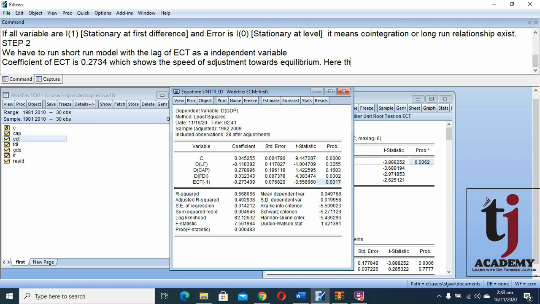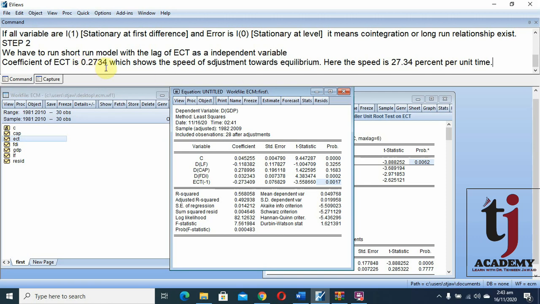Here the speed is 27.34% per unit time. Per unit time means, here we are using annual data, so 27.34% adjustment will be done in a year. If we use monthly data, this adjustment would be done in a month.